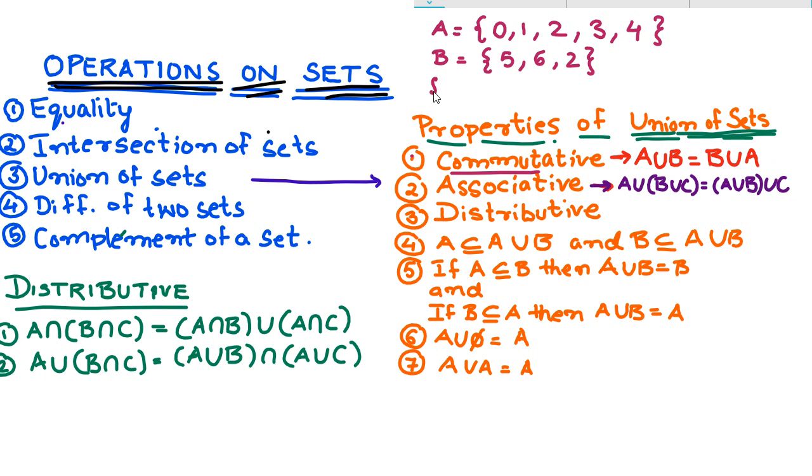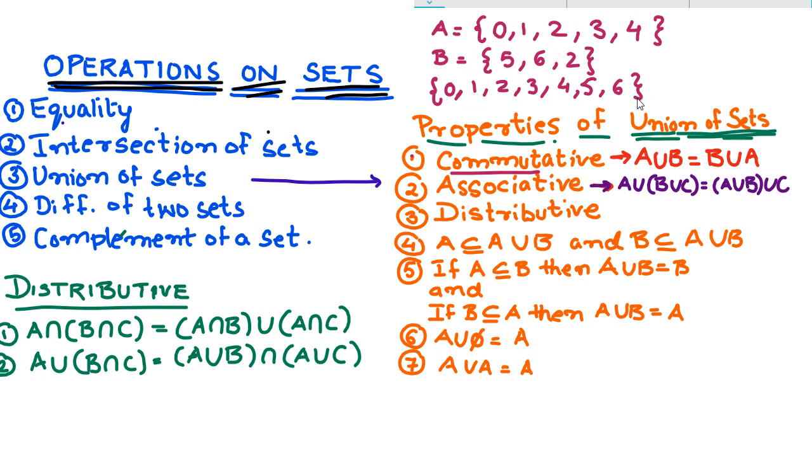A union B gives us a set 0, 1, 2, 3, 4, 5 and 6. So why did we write 2 only once? Because you only have to write the common elements of the two sets only once in a union.